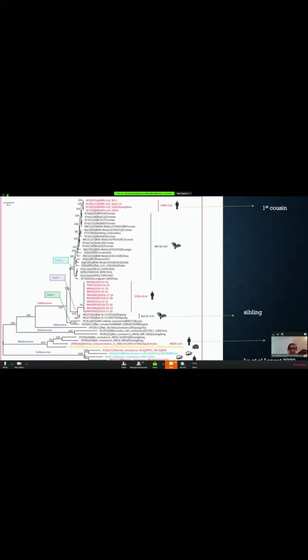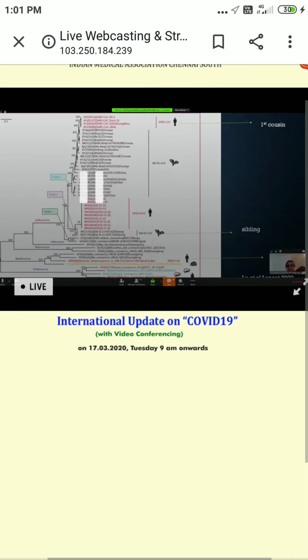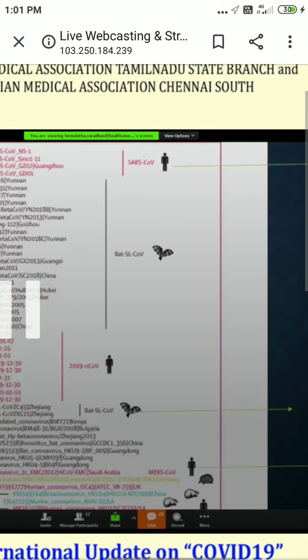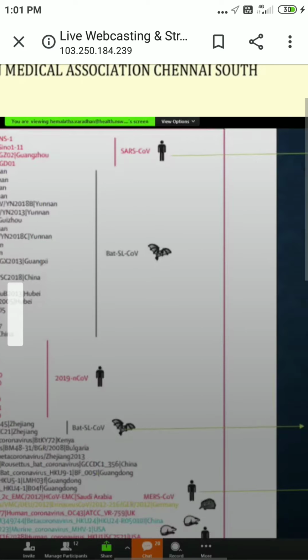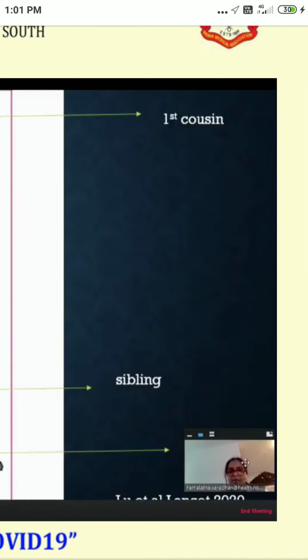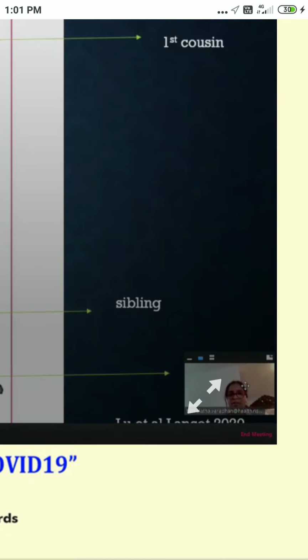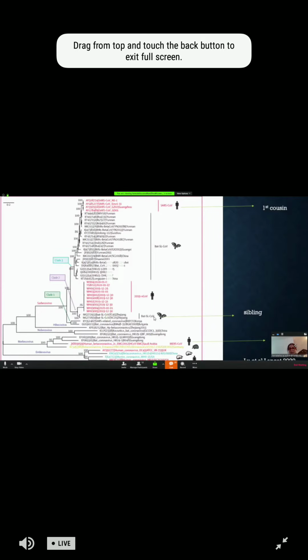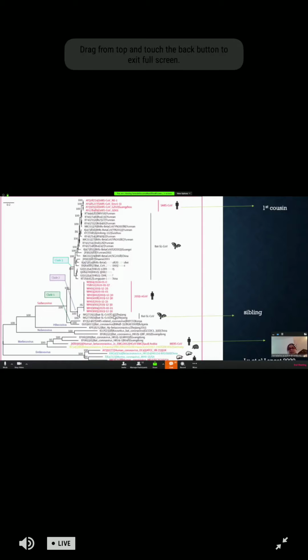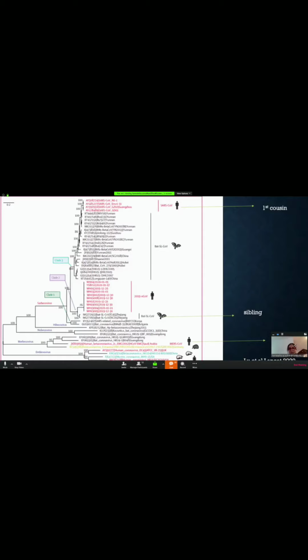Now, then you go backwards and look at which is the next branch that is closer to this. And when you look at the one that's just below, which is coming from the bat CoV, this is exactly what they were claiming as possible source for the Wuhan virus. So it is much closer to the Wuhan virus. The bat virus is much closer to the Wuhan virus than it is to the SARS-CoV, which we had in 2003.